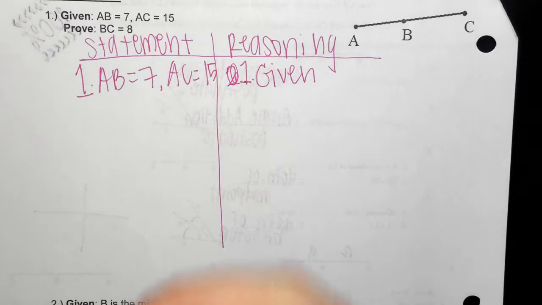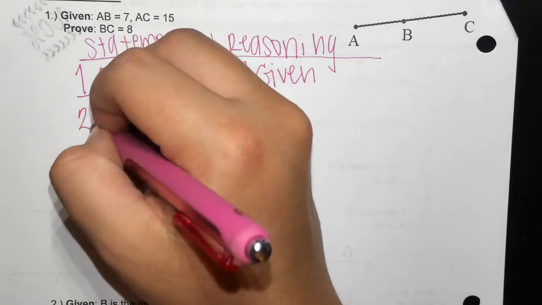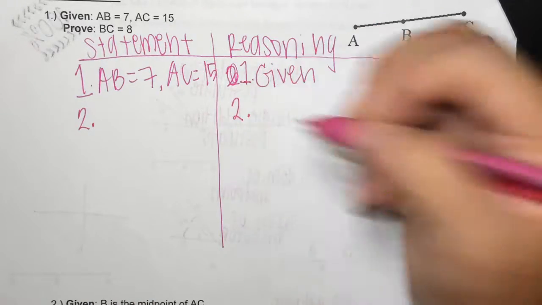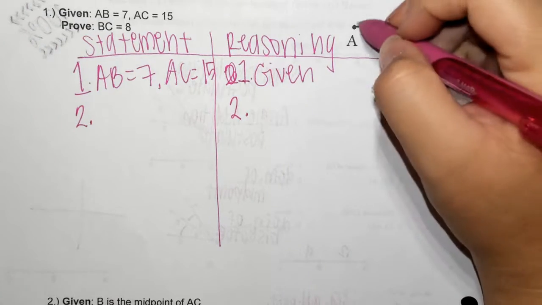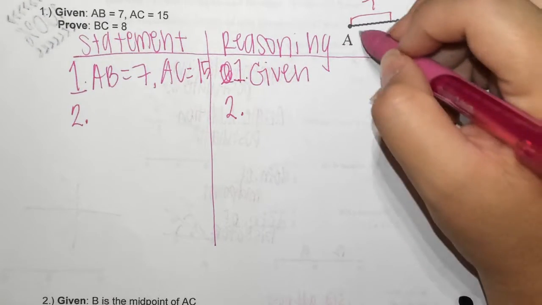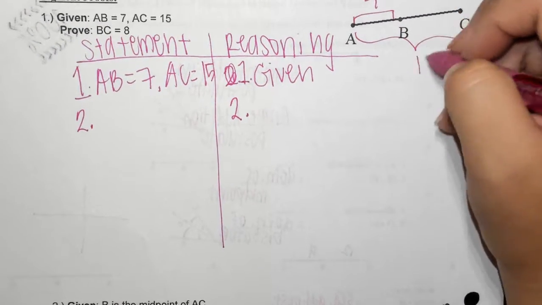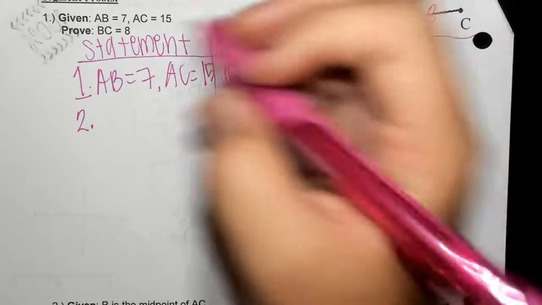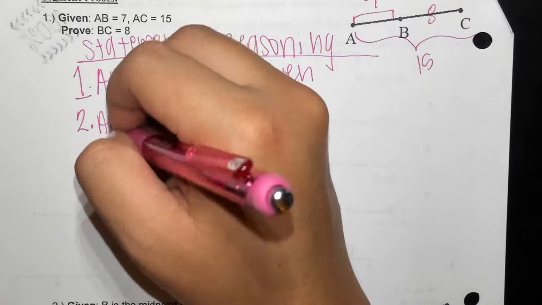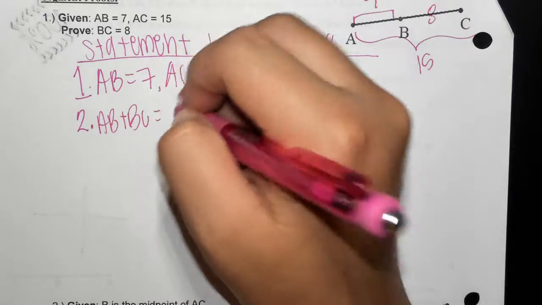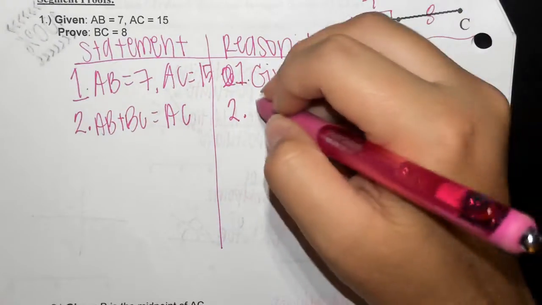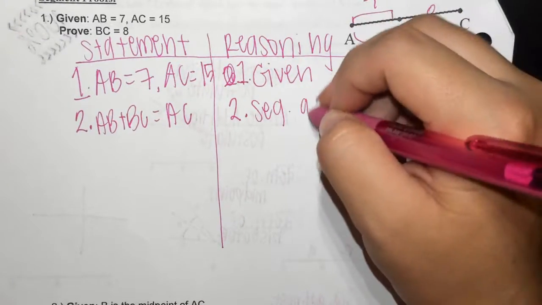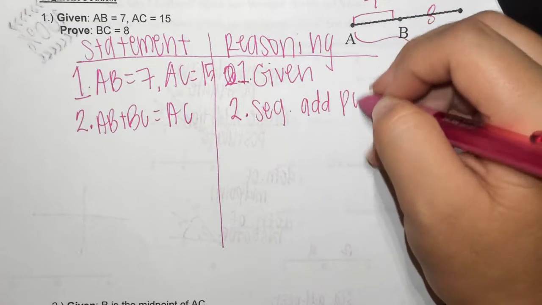Okay. So then 2. Well, you know you're probably going to have to use segment addition postulate. Because AB is 7, AC is 15, and you want to prove that this is 8. So you know that AB plus BC is equal to AC, and your reasoning is segment addition postulate.